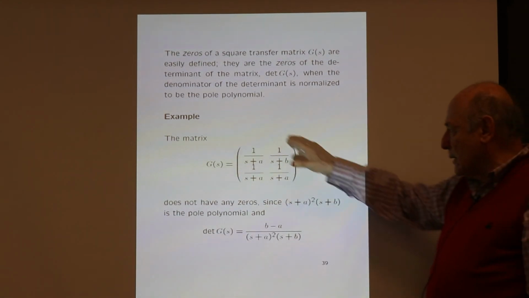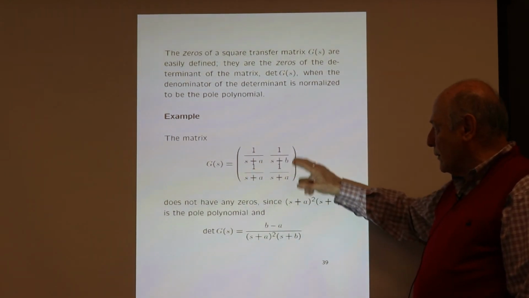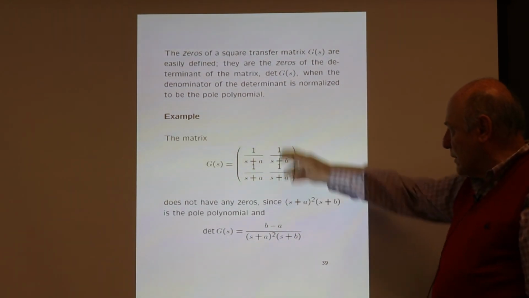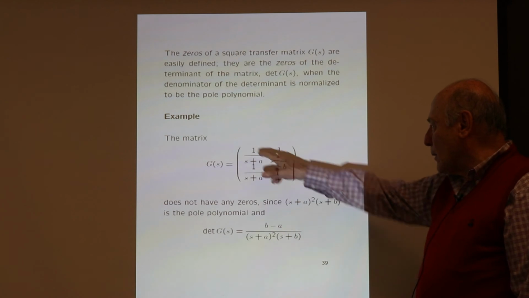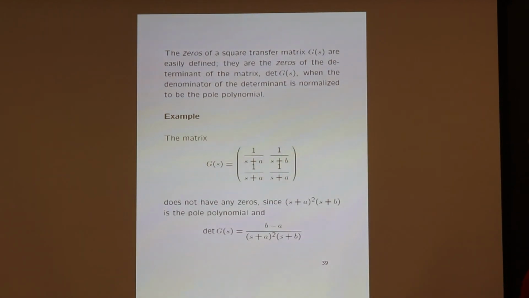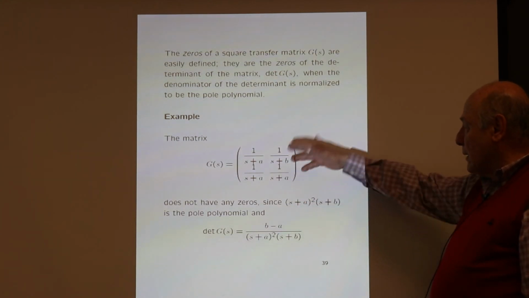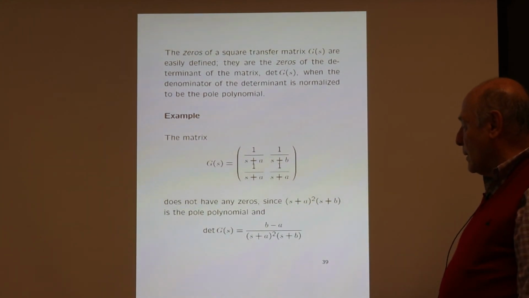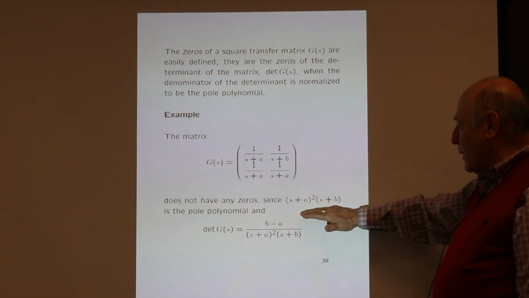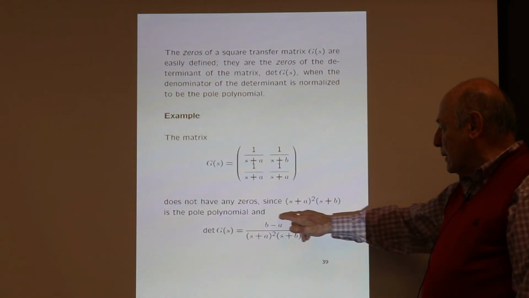And let's see, the determinant of this is the product of this minus the product of that, which is 1 over S plus A squared minus 1 over S plus A times S plus B. And when you put as a denominator the pole polynomial that we computed, in this case a third order polynomial, when you divide by that polynomial, you will obtain something like this.